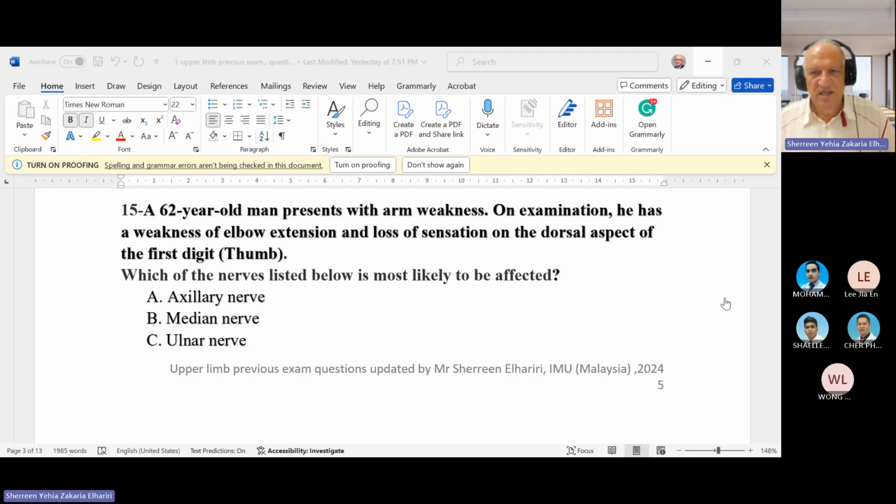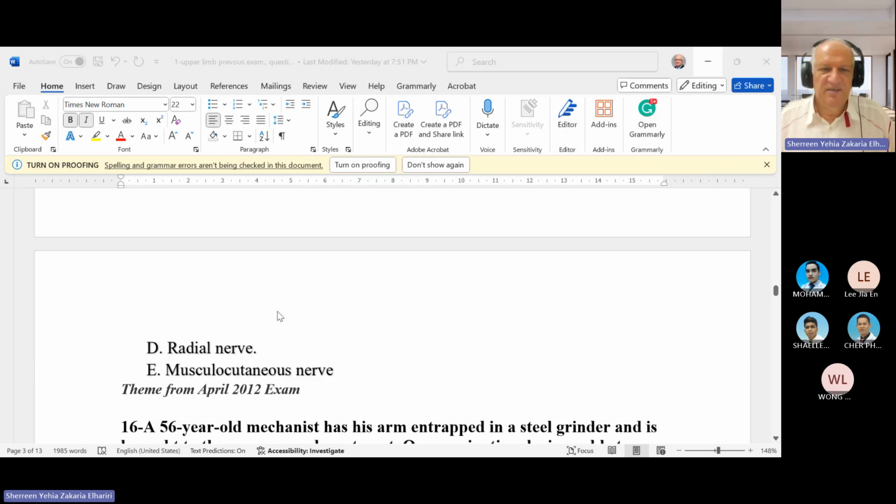This is the area we described before, this web space, the first interspace, and it is the dorsal aspect of the first digit, the thumb. Which of the nerves listed below is most likely affected? So this is clear, it is radial nerve affection.